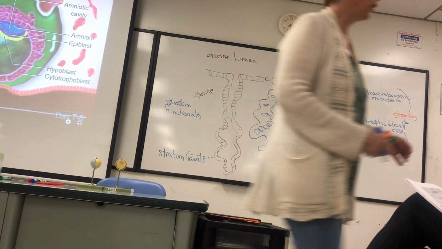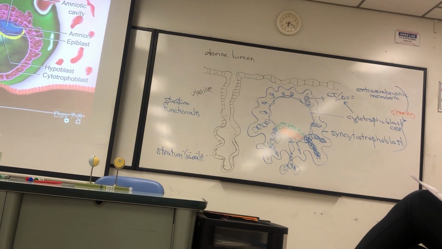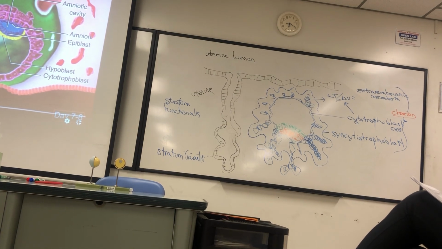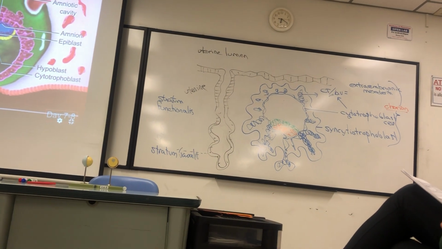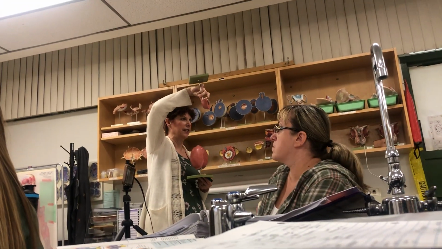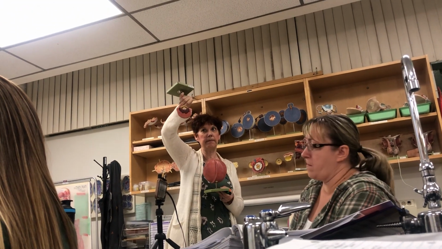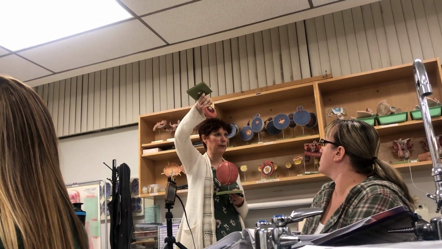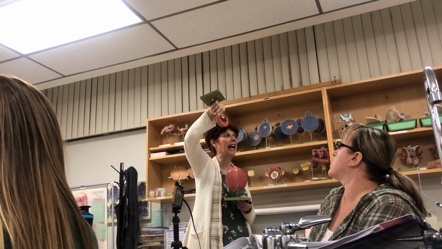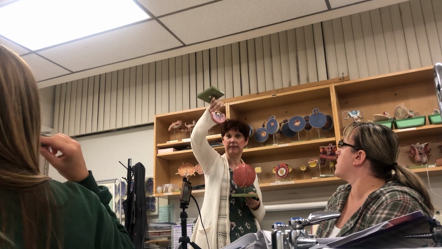When we have this model here, so we go from this original, here's the syncytium, kind of drawn that way, the way I drew it on the board. So the dark red would be the syncytium, and the yellow is the cytotrophoblast, as it's sinking down into the stratum functionalis.